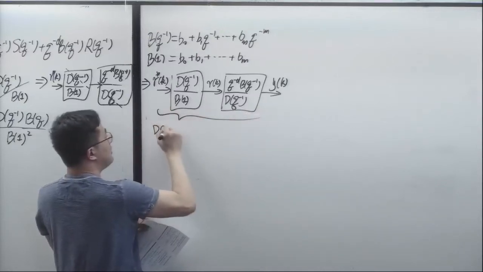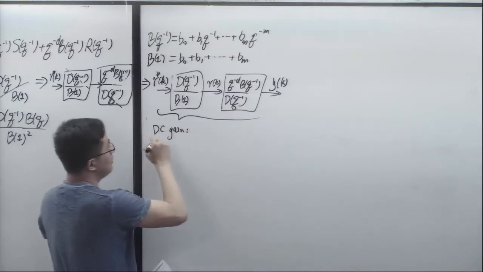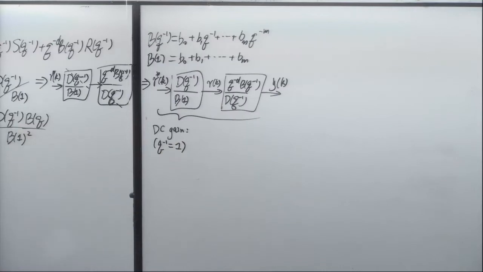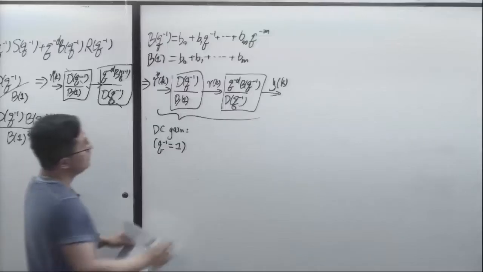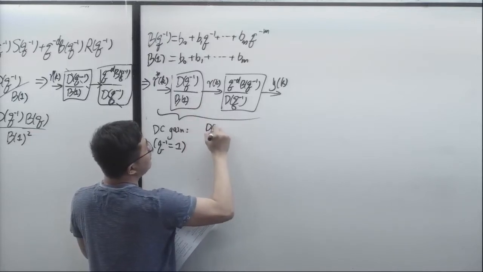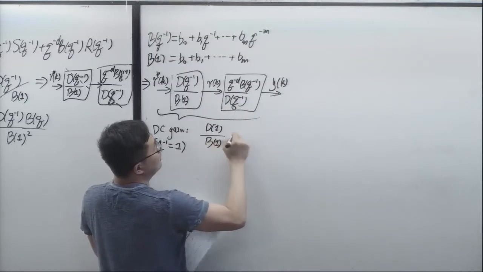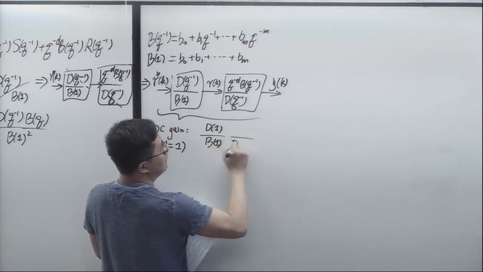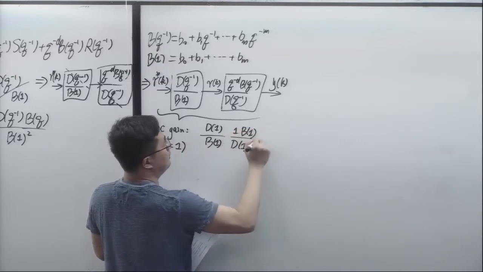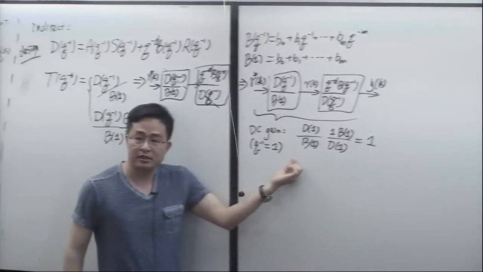All right, so this whole DC gain is basically replacing Q inverse to be 1. Then you have the DC gain is D1. This is going to cancel with this, so actually it wouldn't matter. All right, so you at least have unity DC gain.